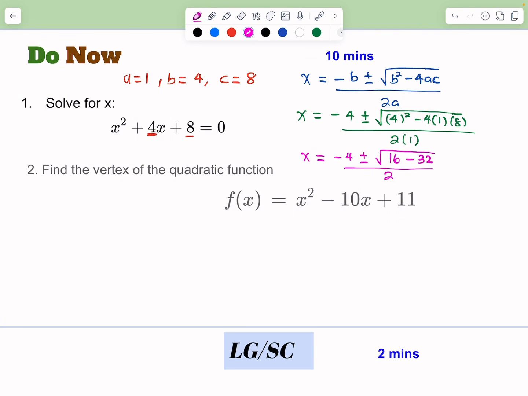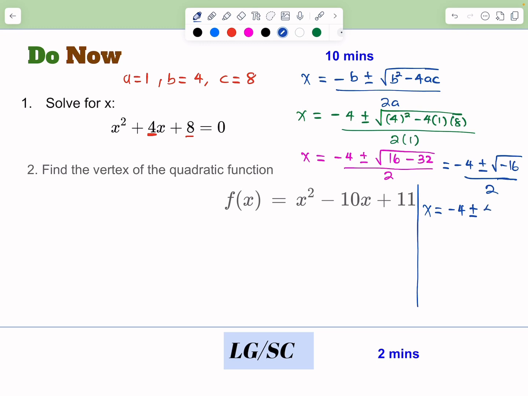If I simplify this further, this is going to be negative 4 plus or minus the square root. What is 16 minus 32? That will give me negative 16, divided by 2. If I simplify this, my x is going to be negative 4 plus or minus, now what is the square root of negative 16? Because I have a negative, I am going to put i, and the square root of 16 would be 4.